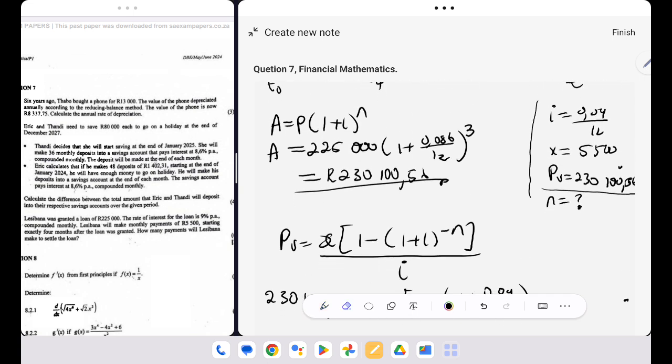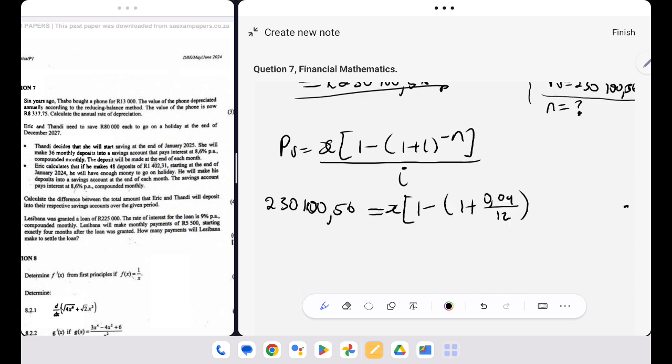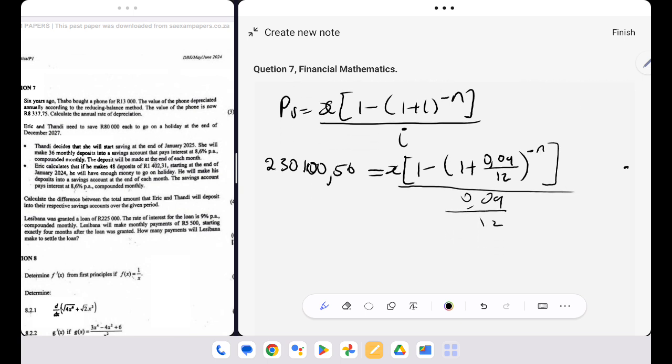Let me fix this mistake here as well, because I used the previous interest rate. I want to know the value of n. Here it's 0.09 over 12. I actually know the value of x. Why didn't I substitute? The value of x is 5,500.